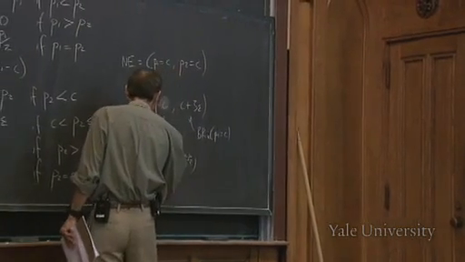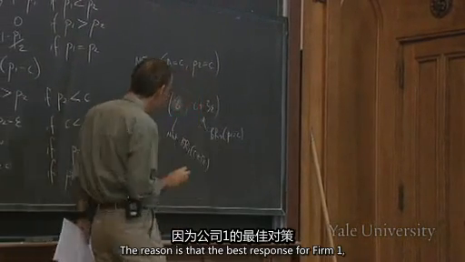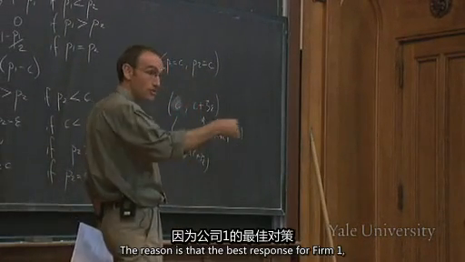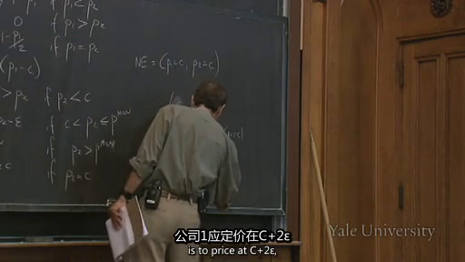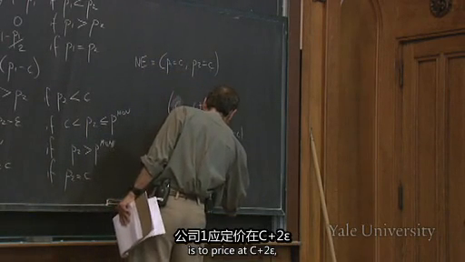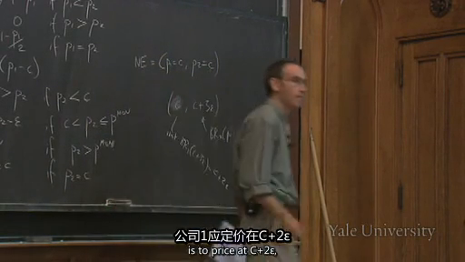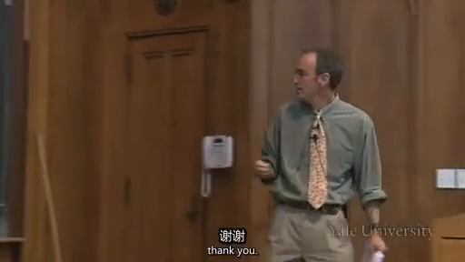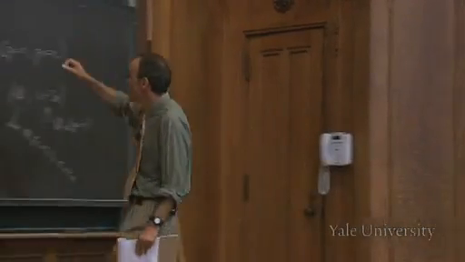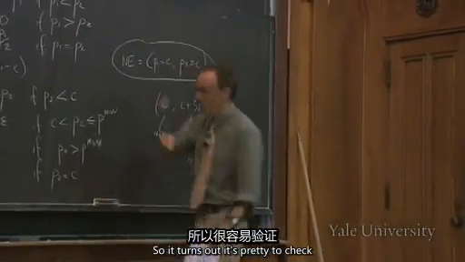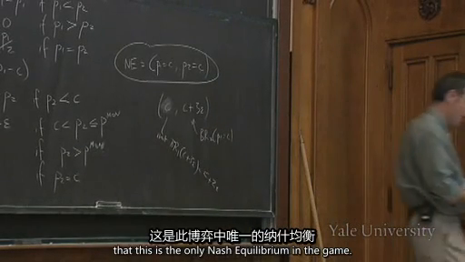The reason is that the best response for firm 1, if firm 2 is charging C plus 3 little bits, is to price at C plus 2 little bits. Thank you. It turns out, and it's pretty easy to check, that this is the only Nash equilibrium in the game.